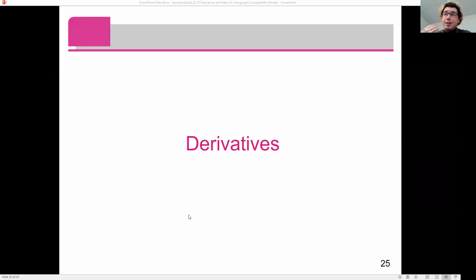So at this point, we have a way of finding these tangent lines and calculating the slope of these tangent lines.